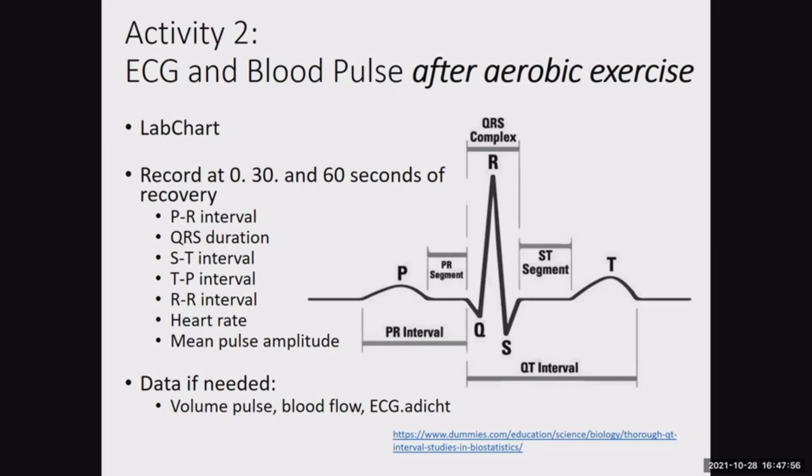When they return to the lab, just plug those leads back into the PowerLab system, and start taking measurements at about 0, as soon as they get back, then about 30 seconds and about 60 seconds of recovery, looking at the same basic measurements. Again, we've got some mock data available if there are problems using the equipment this week.